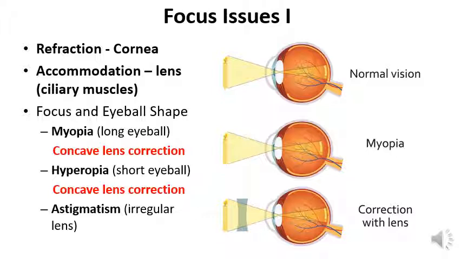Refraction is our initial adjustment of those light rays. Accommodation is how we manage those as we move closer or further away from the object that we are looking at. But now what we're going to talk about is focus. And there are some focus issues that we associate with the eye. I'm nearsighted.